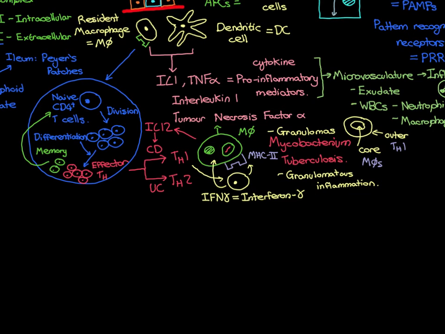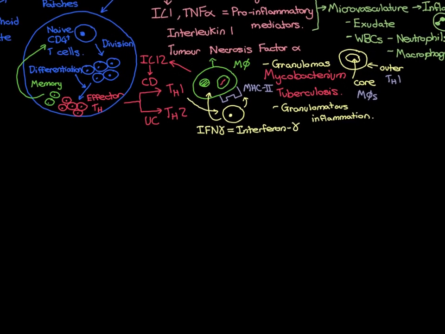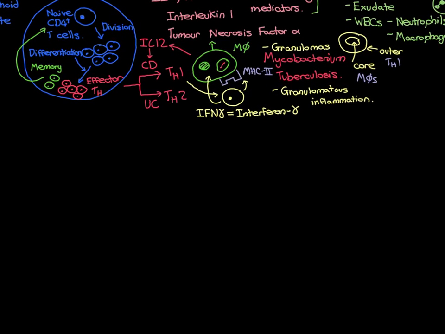Let's now go on to what's going to happen in ulcerative colitis. So in ulcerative colitis, you're going to get a different type of effector helper T cell being produced, which is the T helper 2 effector helper T cell. Now then, what warrants the production of T helper 2 effector helper T cells?